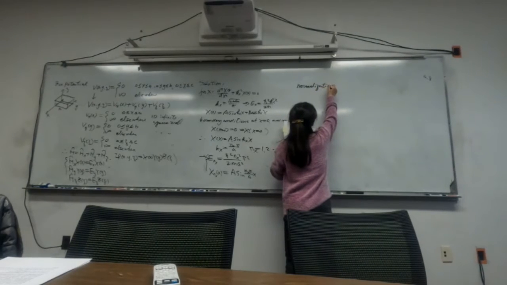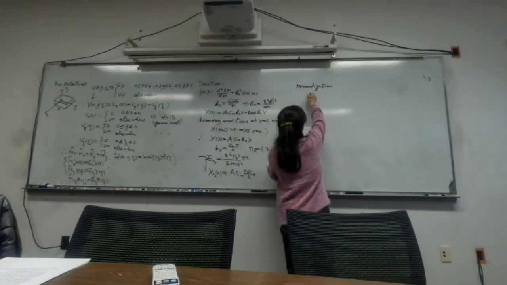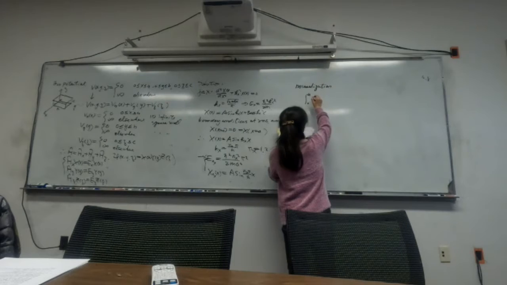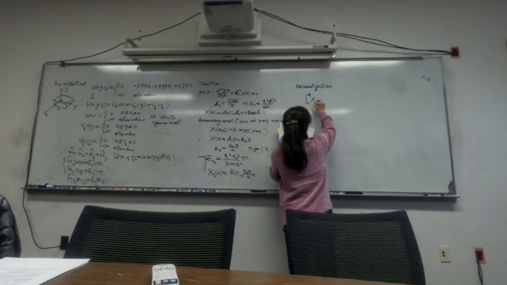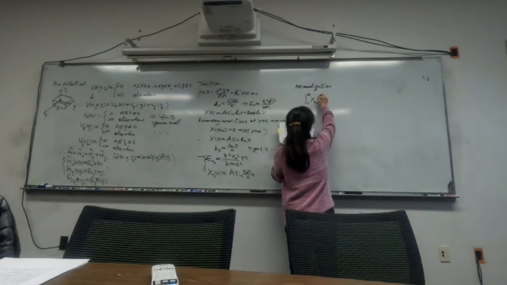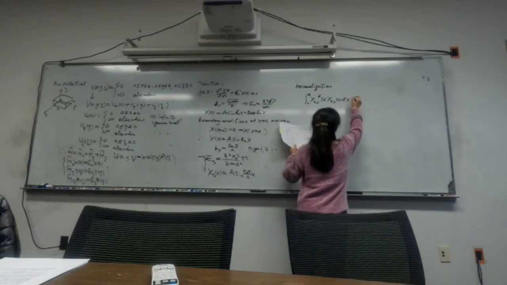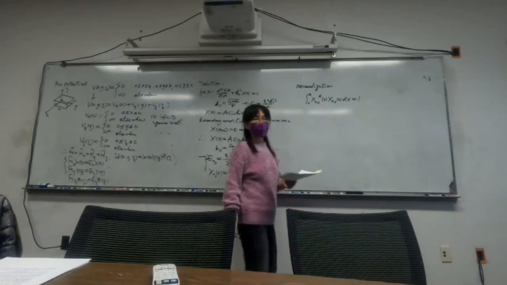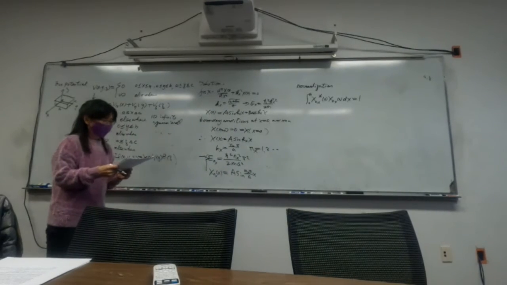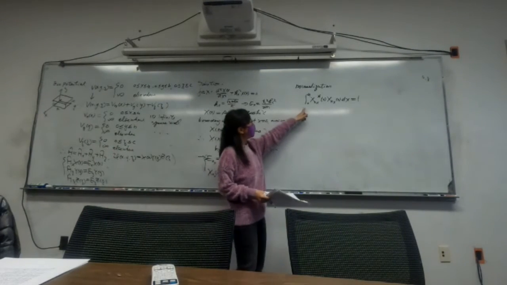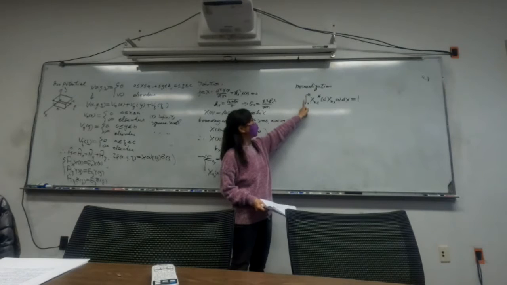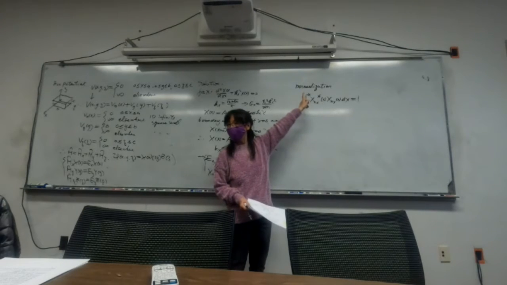Normalization. We're going to integrate from 0 to a of ψ_nx* ψ_nx dx equal to 1. You may ask why not from minus infinity to infinity?